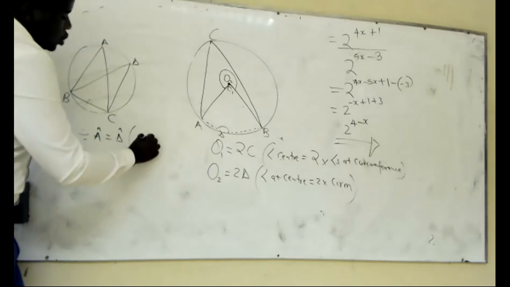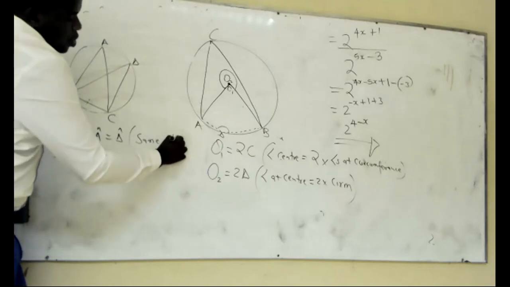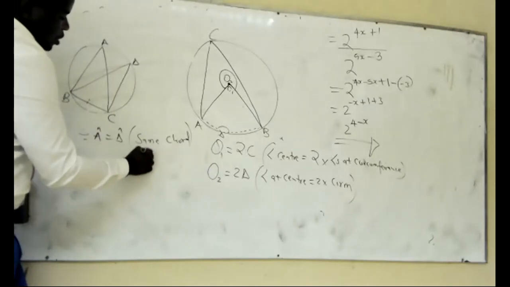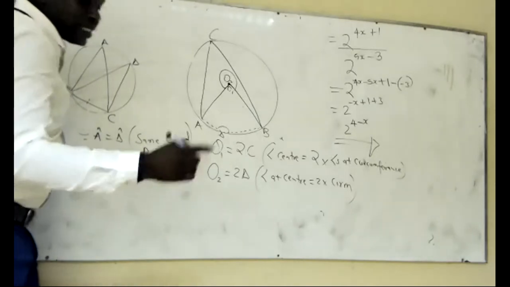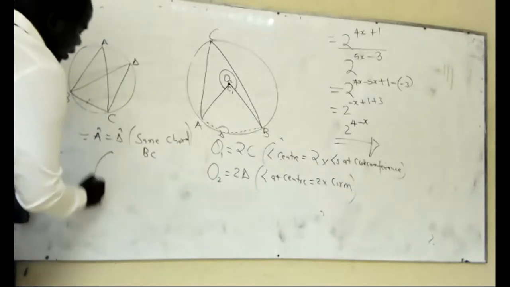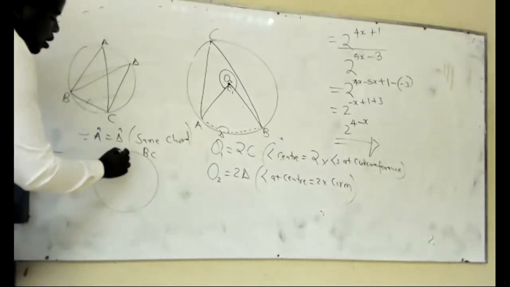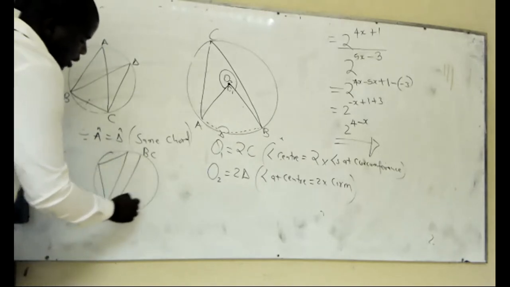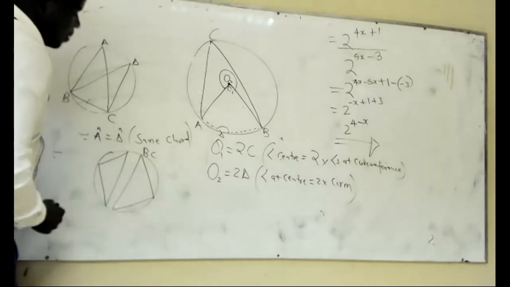Why? Same chord. Same chord or equal chord is the same, so you can even mention that it's chord BC. It's exactly the same theorem which they indicated there. They only differ because they decided to write these triangles separately.